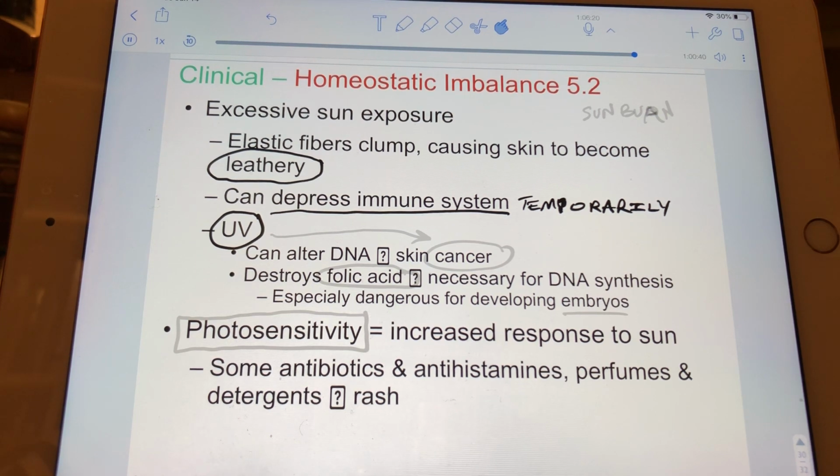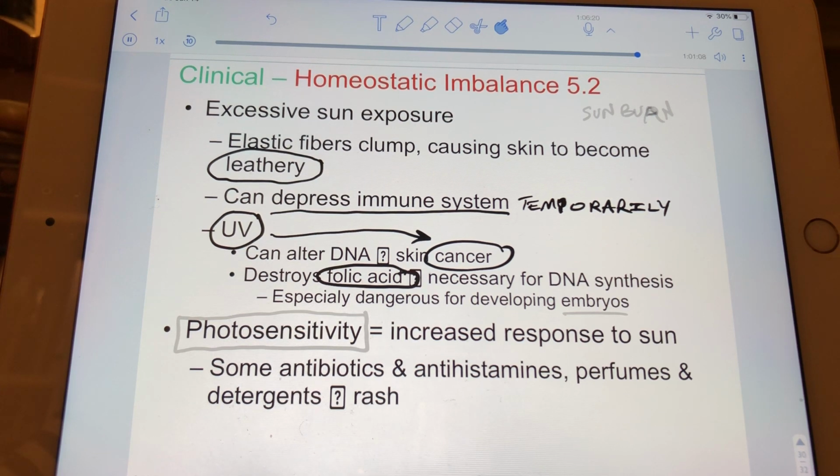And when cells grow out of control, that's called cancer. That's what cancer is. It's out of control growth. All right. So UV damage can lead to cancer. So no, thank you.